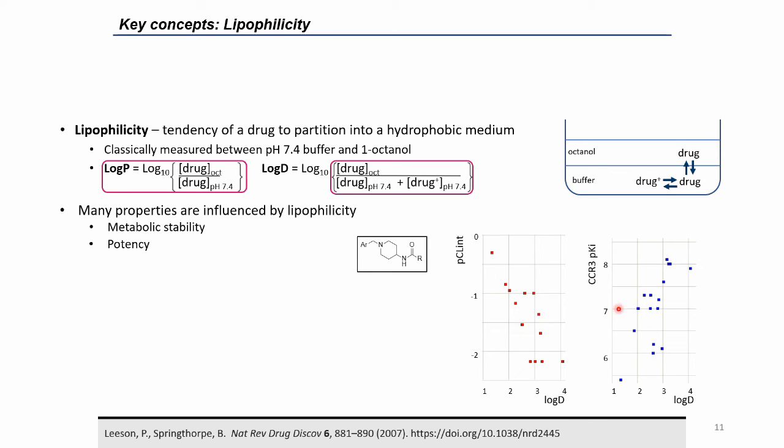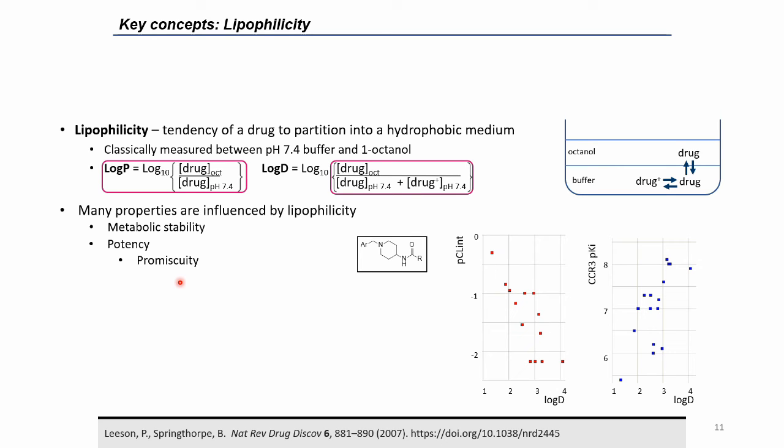It's not just the potency at your target that can be affected by lipophilicity, but often activity at off targets can be affected. So what you will typically find is that as your compound becomes more lipophilic, it also becomes more promiscuous. That is, it hits more off targets. So it's a good idea not to have your drug more lipophilic than it need be.